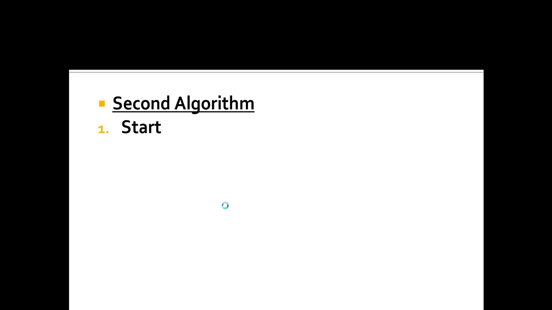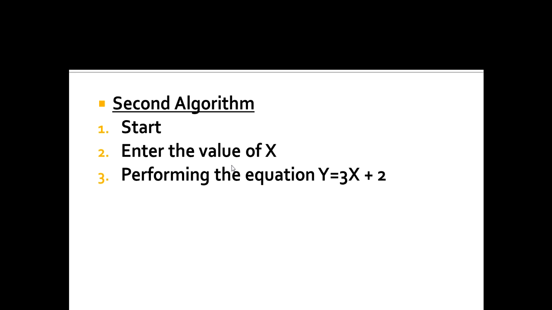As we said, we're writing steps, and the first step should be 1, start. 2, enter the value of x, and we used the word enter to represent the inputs. Then will be the process or the equation, performing the equation y equals 3x plus 2. Then we're having print the value of y. Printing the value of y means we're going to output the value of y. And finally, we're having end.